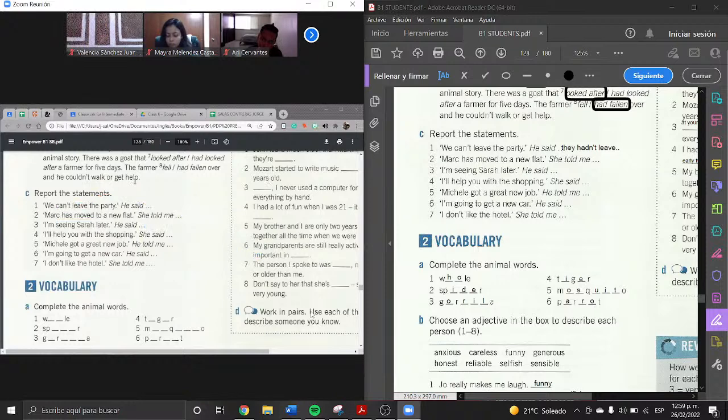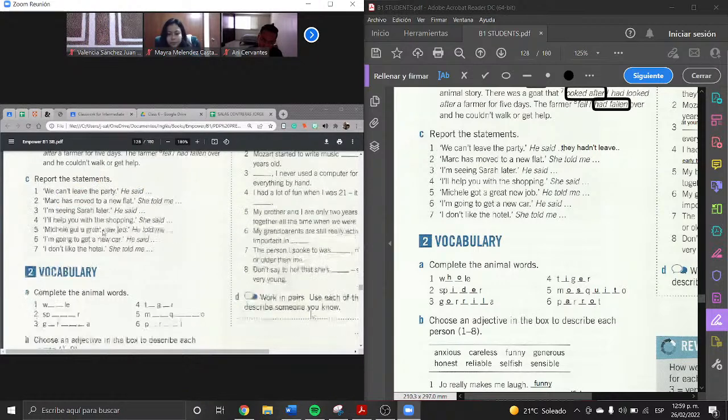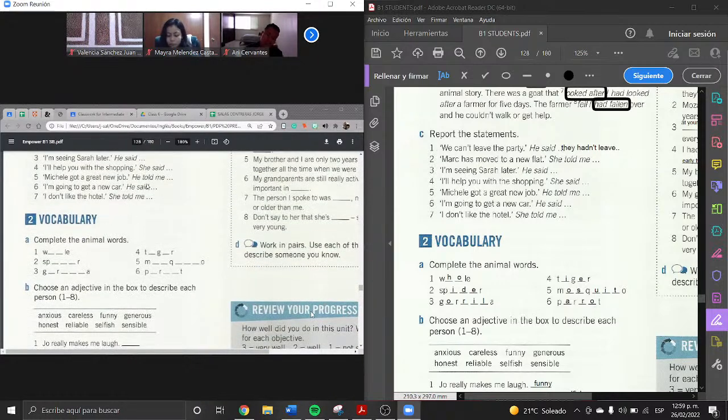And let's hit vocabulary here. Vocabulary. Animal words. What is the first one? This is whale. Number two. Spider. Spider-Man. And then what is this? Gorilla.